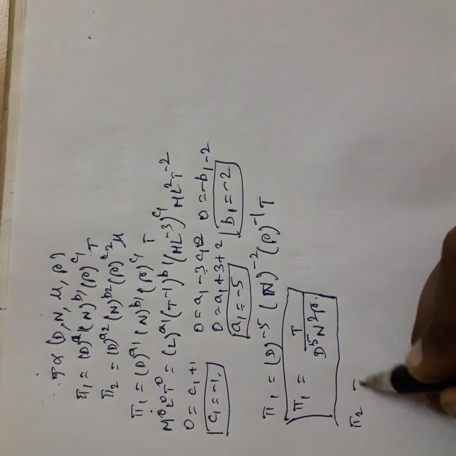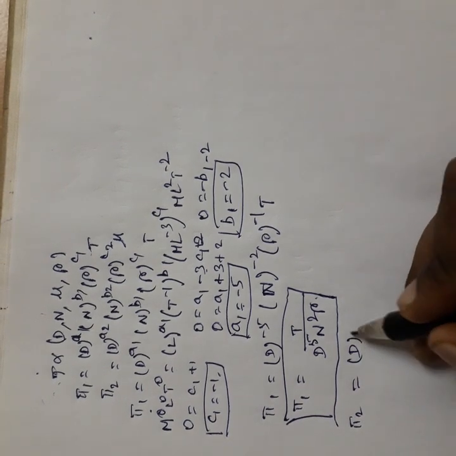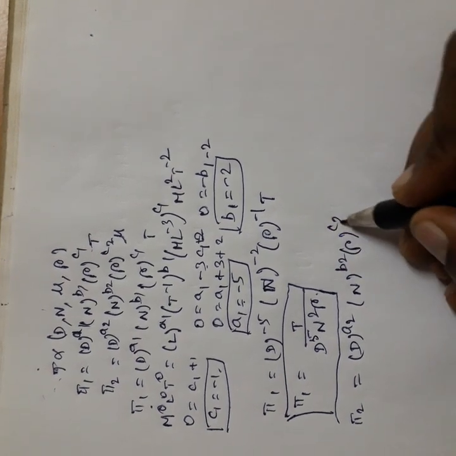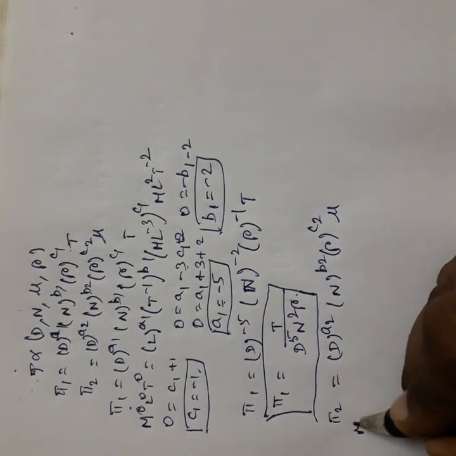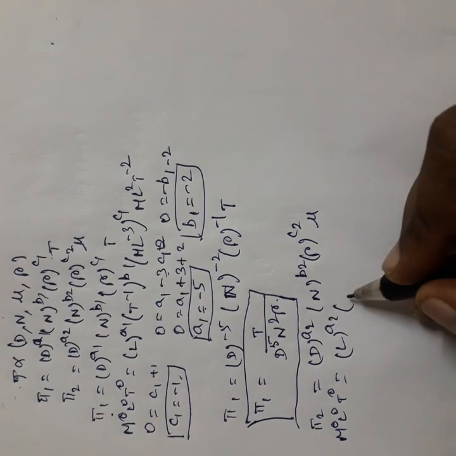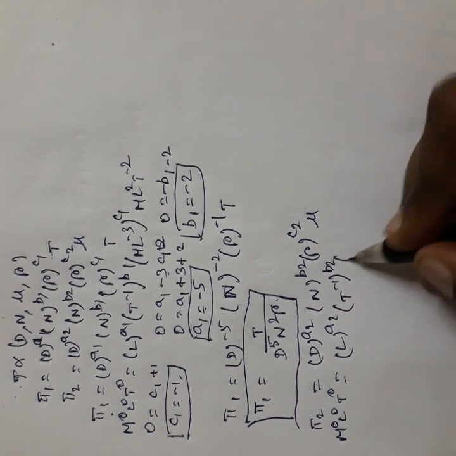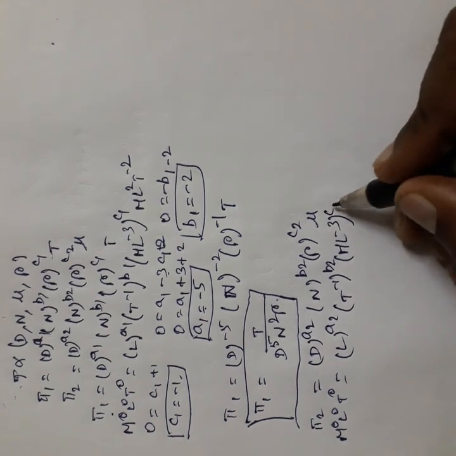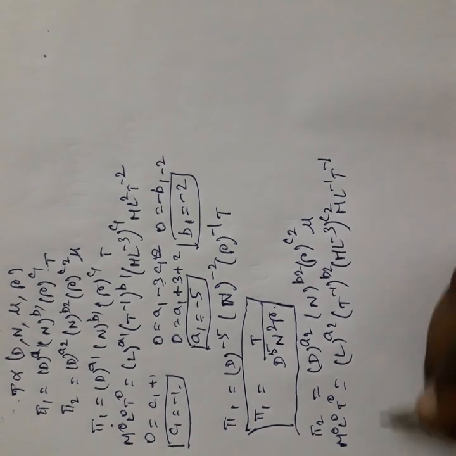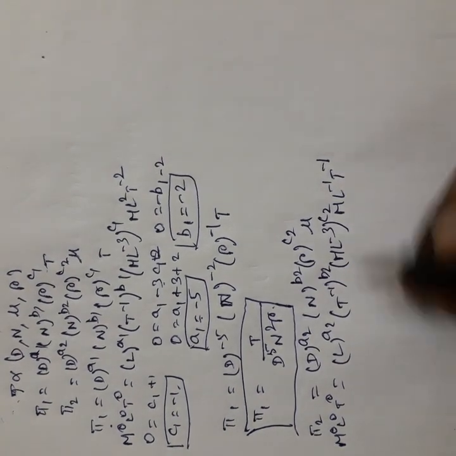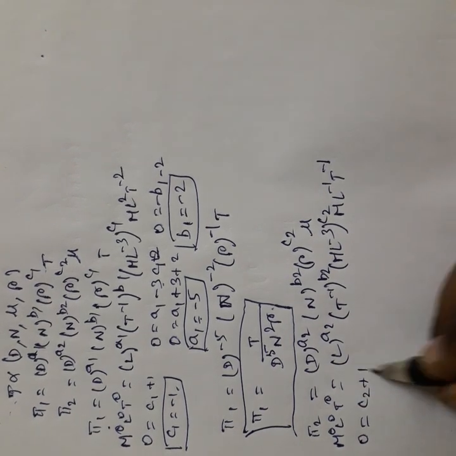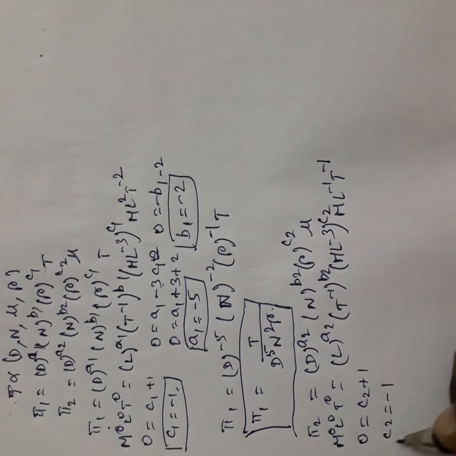The second pi term, pi 2, is equal to d^a2 n^b2 rho^c2 and here it is mu. I am going to write the dimensions: M^0 L^0 T^0, L^a2, then T^-1 to the power b2, M L^-3 to the power c2, and dynamic viscosity is M L^-1 T^-1. Now I compare the powers of mass, length and time on both sides. For mass, 0 is equal to c2 plus 1, so c2 is equal to minus 1.